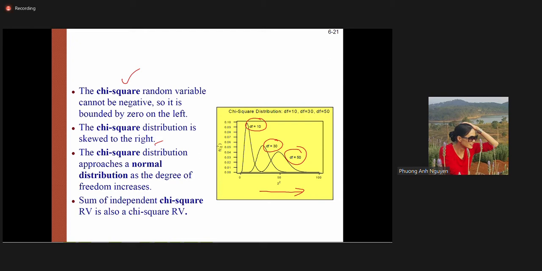The chi-square distribution will approach a normal distribution, which is symmetric, as df increases. Also, the sum of independent chi-square random variables is also a chi-square random variable. Suppose you have several chi-square random variables; as long as they are independent, you take the sum, and finally you also get a chi-square random variable.